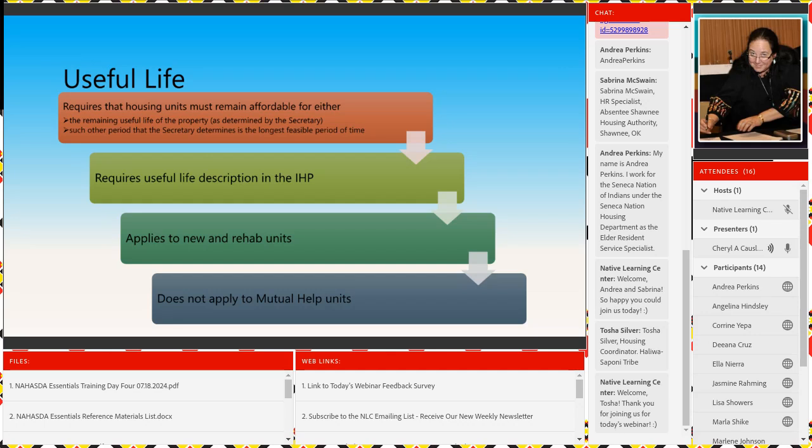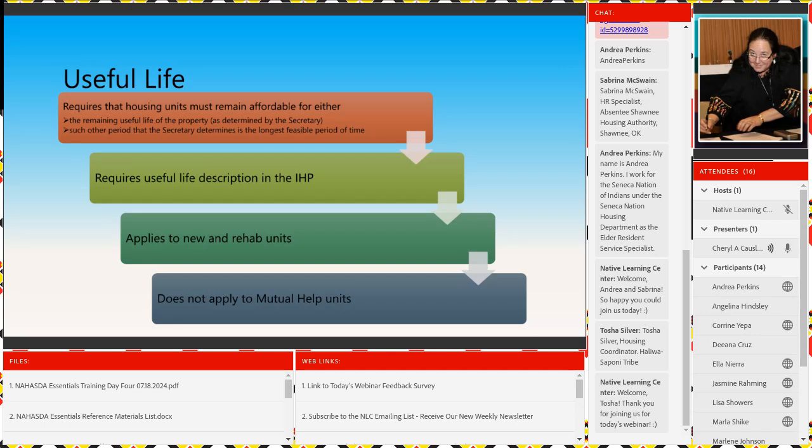So you list it in your IHP, they approve your IHP, it's deemed approved by the secretary. So that's how that takes place. It requires that useful life description in the IHP. It applies to new and rehabbed units. It does not apply to 1937 Housing Act mutual help units. Now, there were some people that continued the mutual help program after NAHASDA came around.